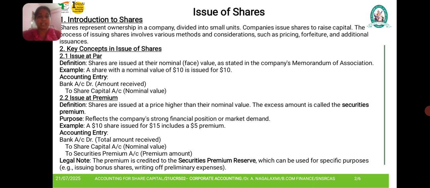It has to be credited as per the nominal account: credit all incomes and gains. The legal position is that the premium is credited to share premium reserve, which can be used for specific purposes, that is issuing bonus shares, writing off preliminary expenses, etc.